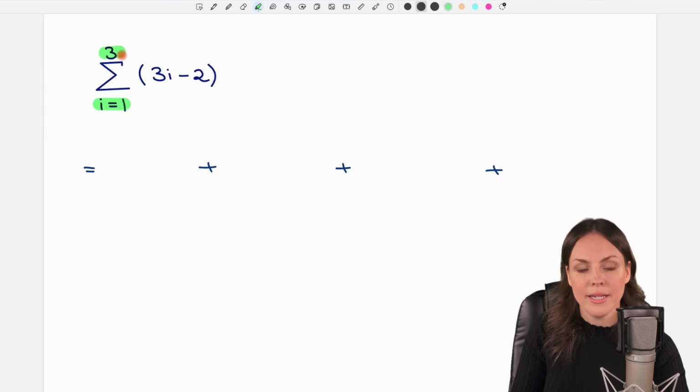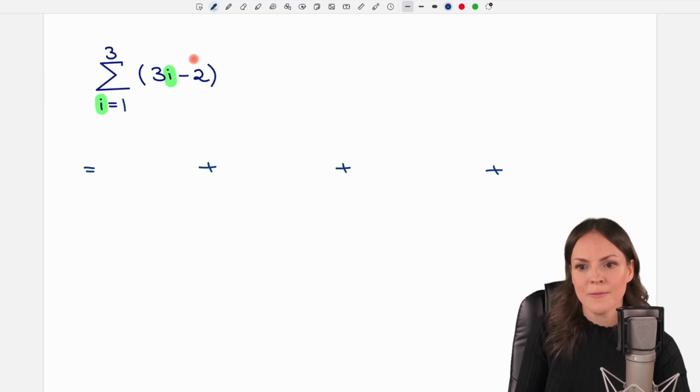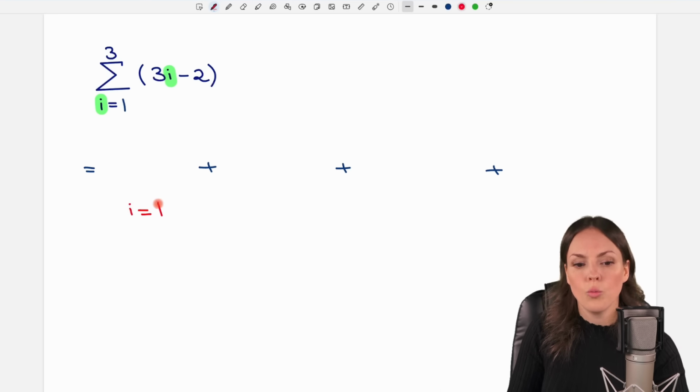Here are my limits. I start at 1 and go up to 3. So my index, my i, starts at 1, and my i is also in here, so my i is the thing that changes. But we start at i equals 1, so let's write it down here, and let's insert 1 for i first. 3 times 1 minus 2.